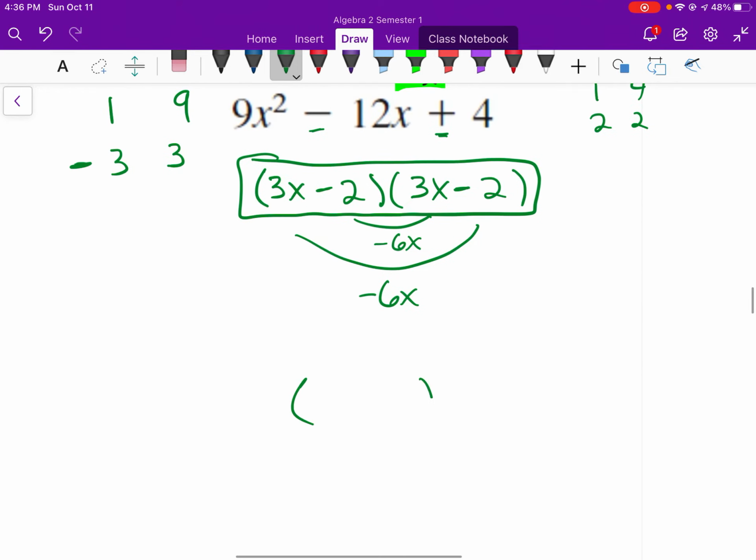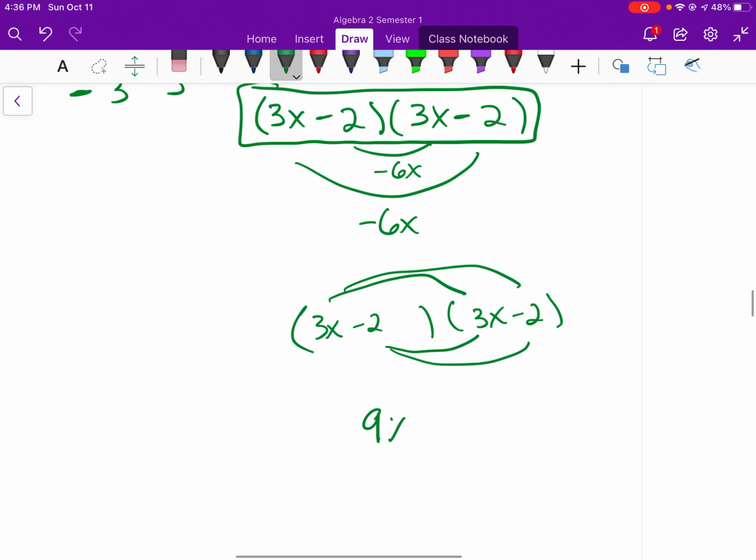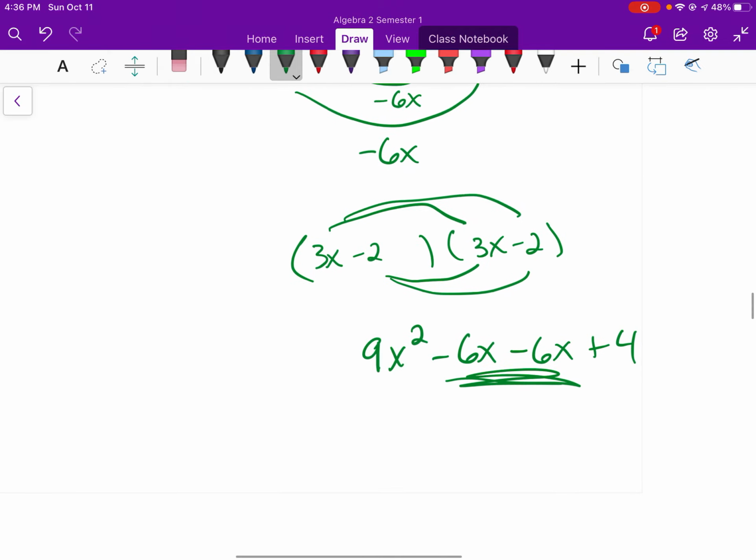Now, way to check your answers, okay? FOIL out your factored form. 3x minus 2, 3x minus 2, foiling it out. Okay, first one's going to be 9x squared minus 6x, and then the last plus 4. Okay, again, we did this part with the outside and inside.